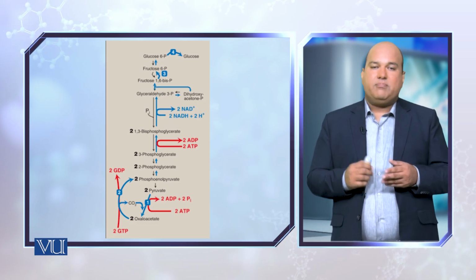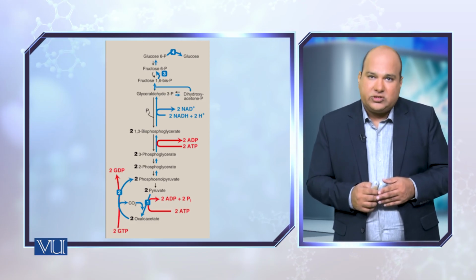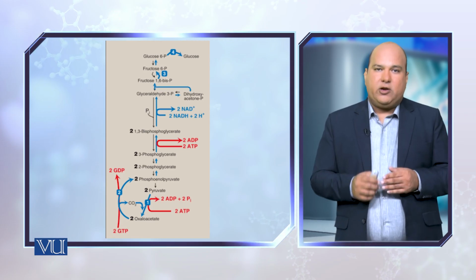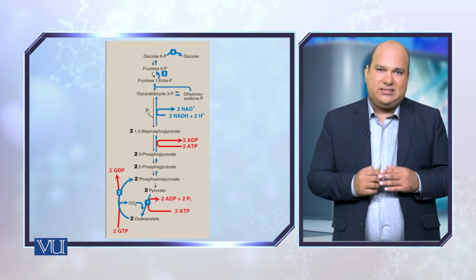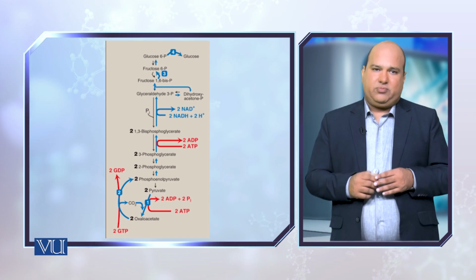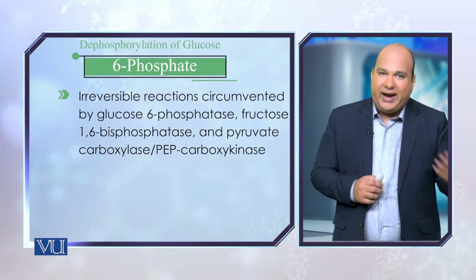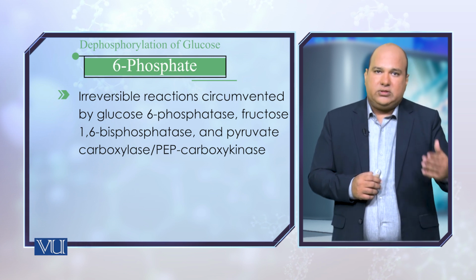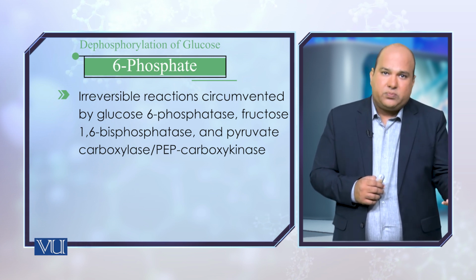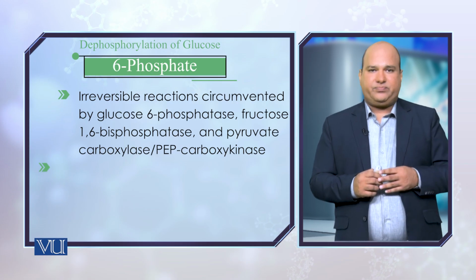So the enzymes pyruvate carboxylase and phosphoenolpyruvate carboxykinase are involved in this process. These are the circumventions devised for the gluconeogenesis process to really occur.